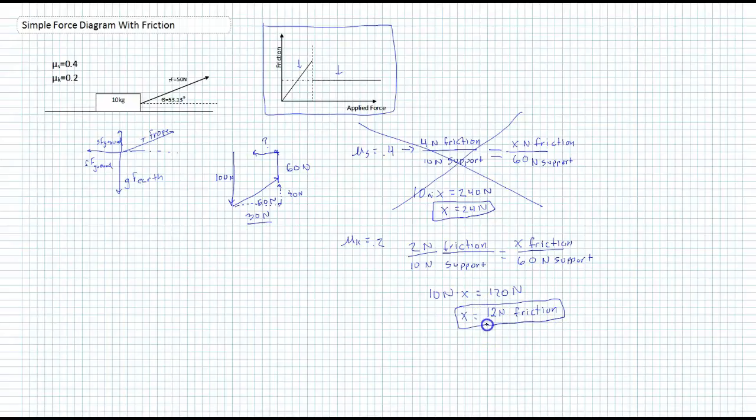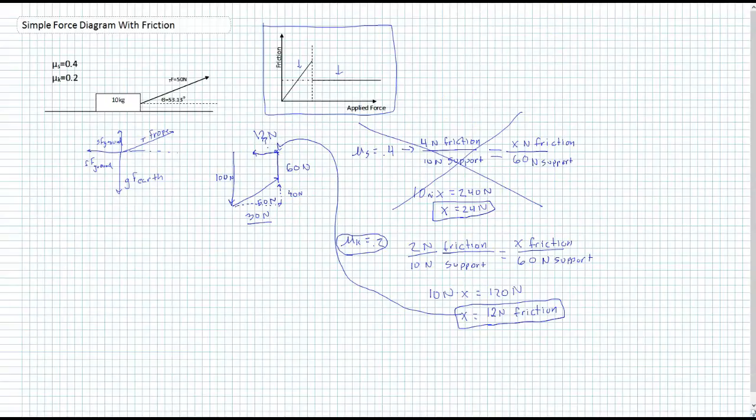Because it's moving, I had to use the kinetic coefficient of friction, and using that and the amount of supporting force that I have, I am able to determine how much friction I have: 12 newtons.